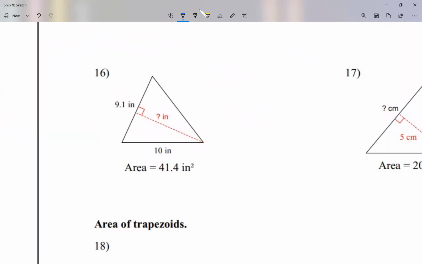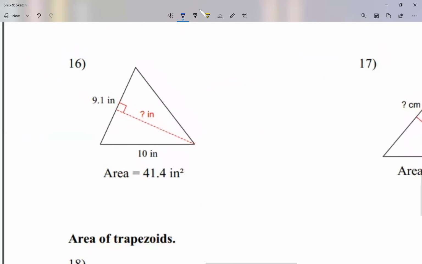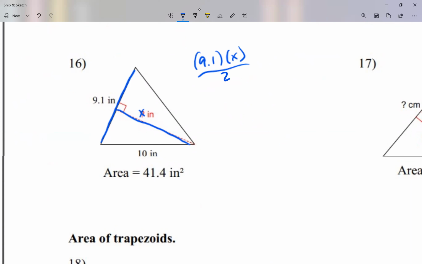Now number 16. My 90-degree angle is made by 9.1 and x. Remember that the question mark, I call it x. So I know I have to go 9.1 times x divided by 2 is equal to the area, 41.4. Let me get rid of fractions.